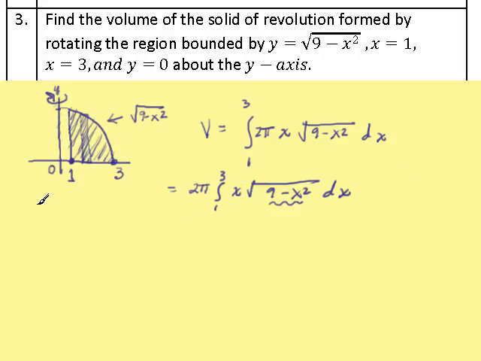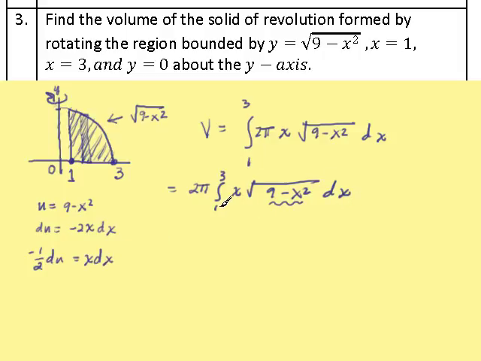We'll put u equal 9 minus x squared, du, that's minus 2x dx. Let me write minus 2x dx. And minus 1/2 du is equal to x dx, which is what we have here, x dx.